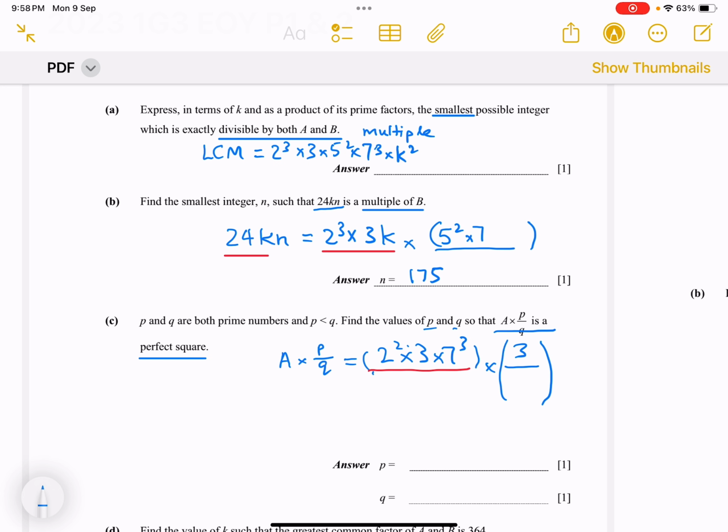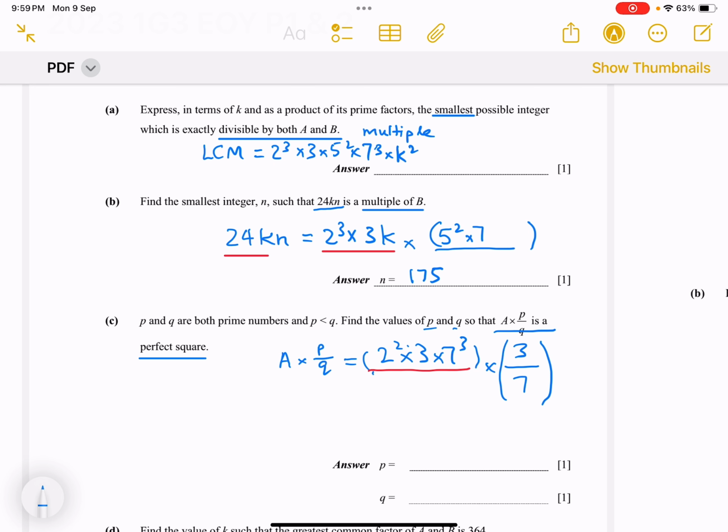So we multiply by 3 to give 3 squared, which is an even power. And 7 cubed: if you multiply by 7, we don't have any more numbers to multiply. So therefore, we actually have to reduce the power to a square. So to reduce it, we divide by 7.